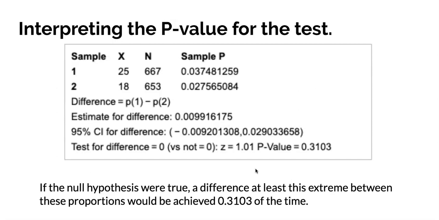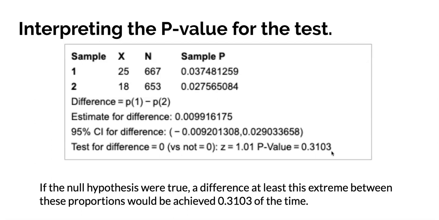Let's interpret the p-value for the test. Remember, the p-value was 0.3103. If the null hypothesis were true, a difference at least this extreme between these two proportions would be achieved 0.3103 of the time.